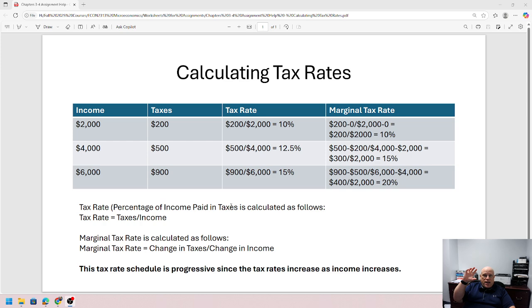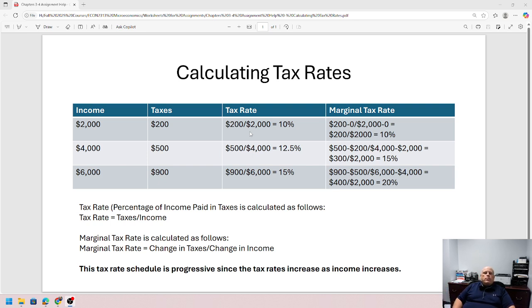In this case, you're going to take the taxes, which are in the second column, and divide that number by the income that goes with that tax amount. On the first one, in the third column, I've shown you the calculation. It'll be $200, which is the taxes, over the income, which is $2,000. And 200 over 2,000 would be 10%. So we say that that tax rate is 10%.